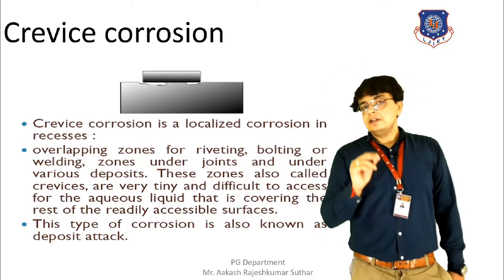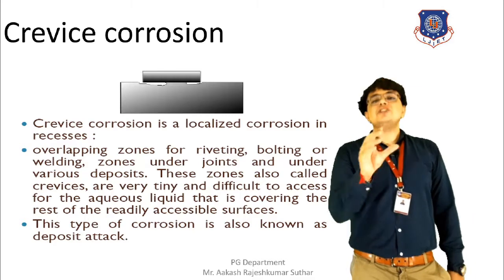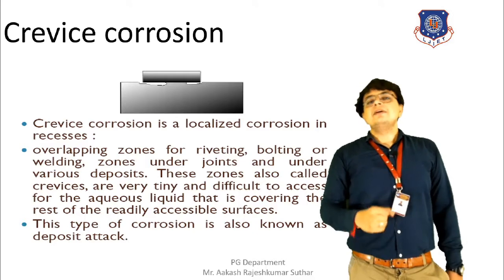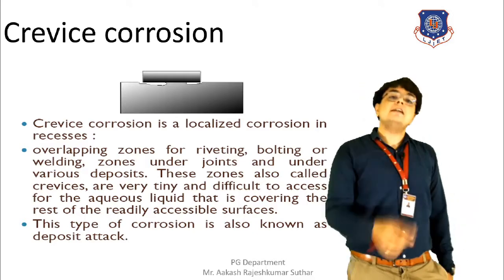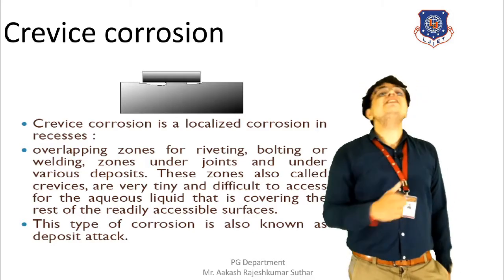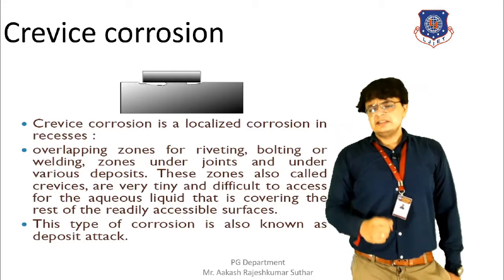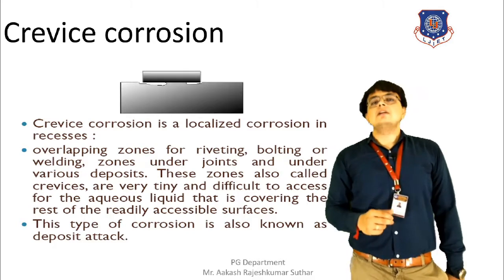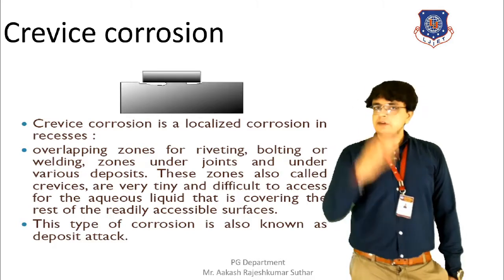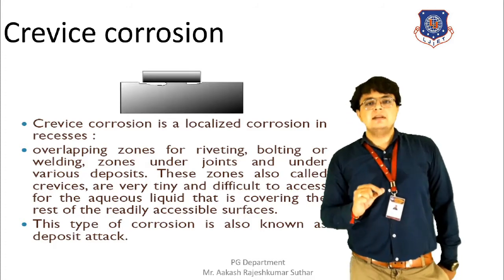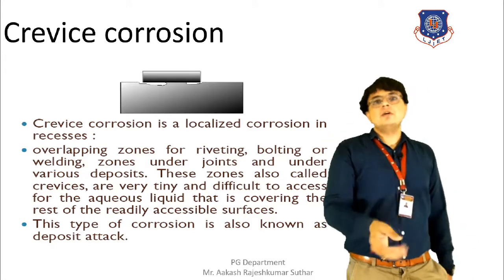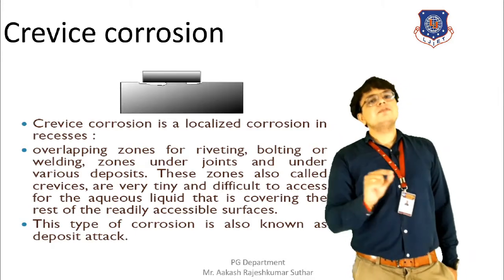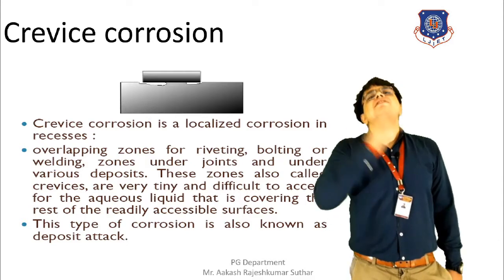And because of this difference in the condition of the crevices and the other parts, an electrochemical cell will be found. We can say that because of this, galvanic cell conditions will be formed. Once galvanic cell type conditions are formed, corrosion will occur. So because of the formation of crevices of any kind, either in the joints or because of damage, the formation of crevices creates such different conditions.